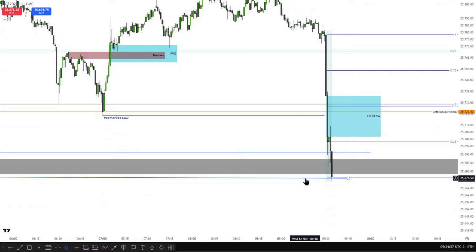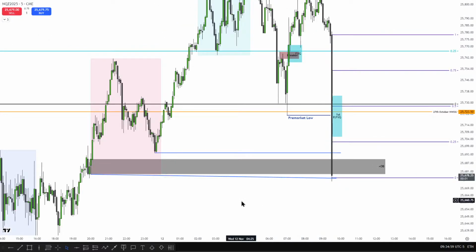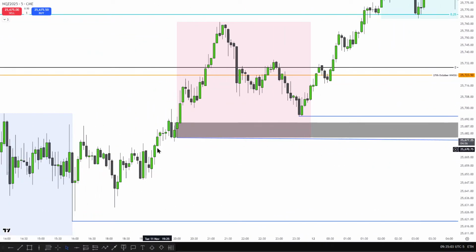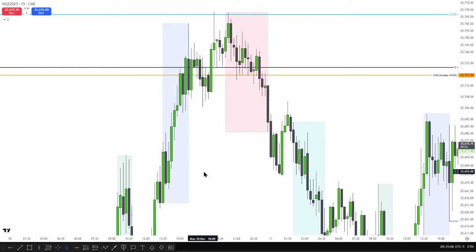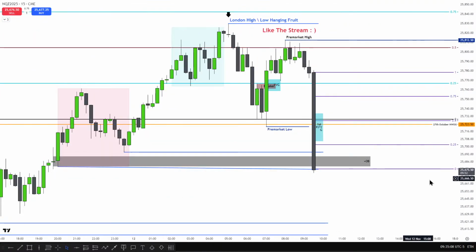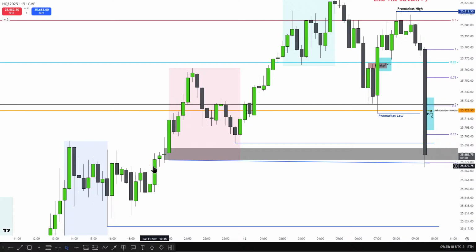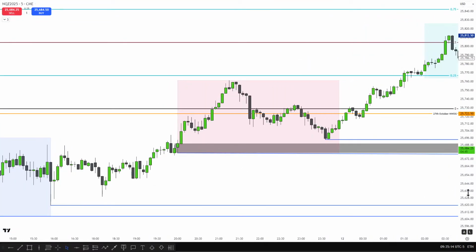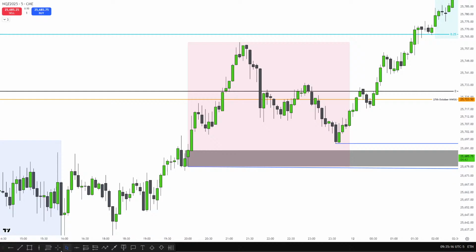Okay, we got the Asian low. And got the 15-minute chart. No, I'm not. 5-minute chart. It's not clean, but it is technically there.